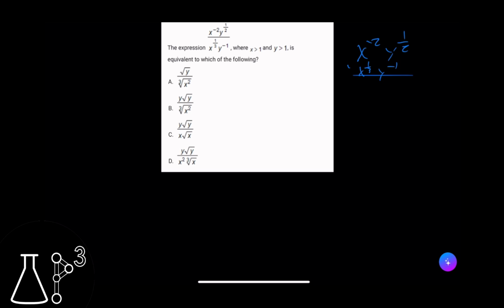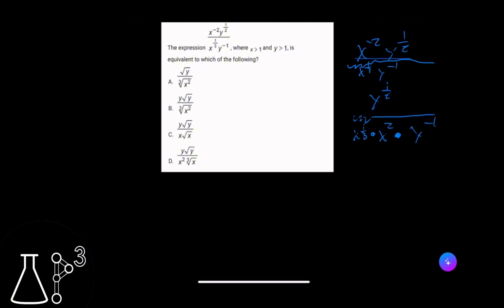This question can be solved really easily if we know our power rule. So what is the power rule? Anytime I have a negative exponent, it just goes to the opposite part of the fraction. For example, the x to the -2 moves into the bottom part, so then I'll have y to the power of 1/2 divided by x to the power of 1/3, and then multiplying by x squared, and then multiplying by y to the -1.